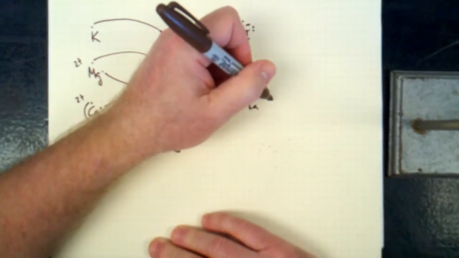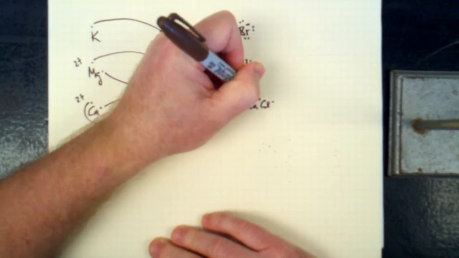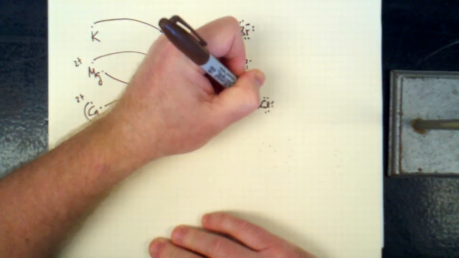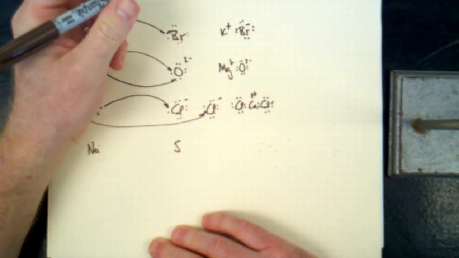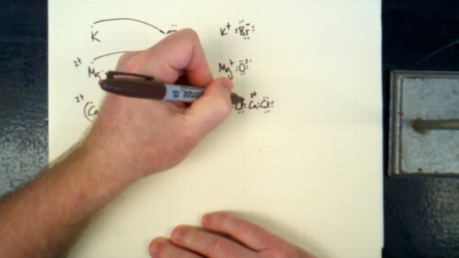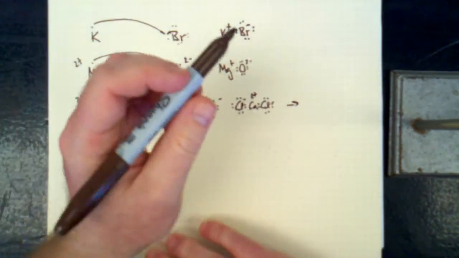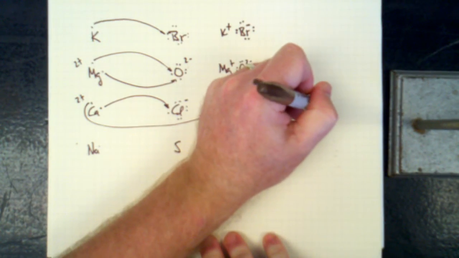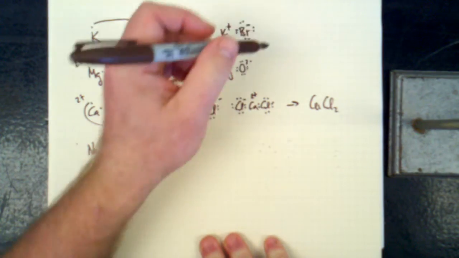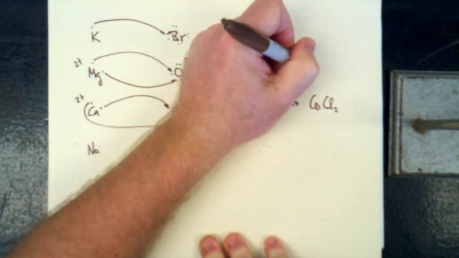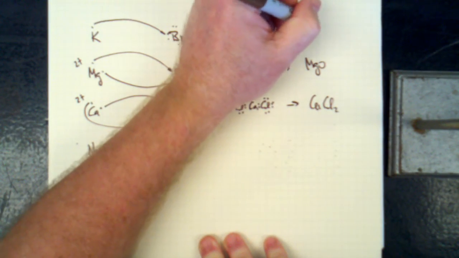So together that makes a calcium with 2 chlorines with full shells, each with a minus sign. And that formula then becomes CaCl2. This 2 shows we've got 2 chlorines. This guy becomes MgO, and this guy becomes potassium bromide.